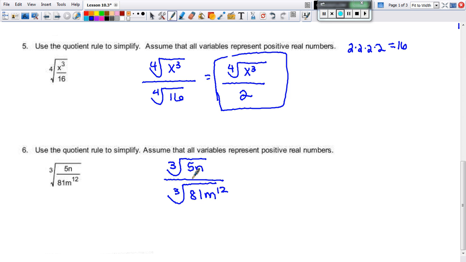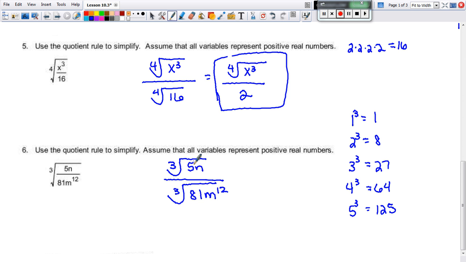Since this is a cubed root, I'm going to make a list of cubes. So 1 cubed is 1. 2 cubed, that's 2 times 2 times 2, is 8. 3 cubed is 27. 4 cubed is 64. And 5 cubed is 125.